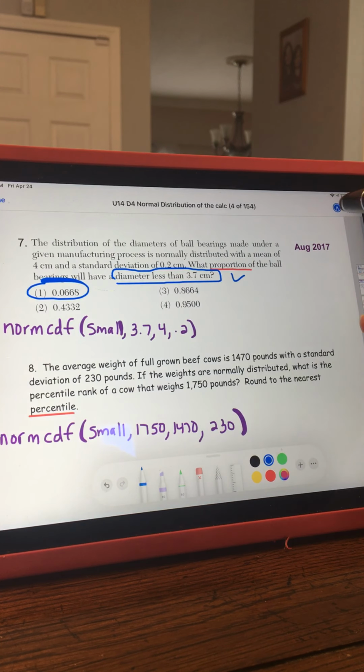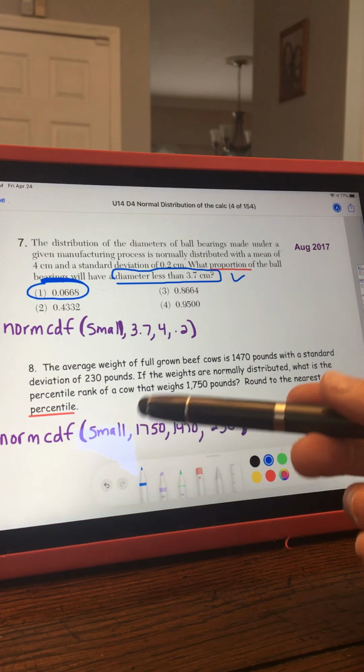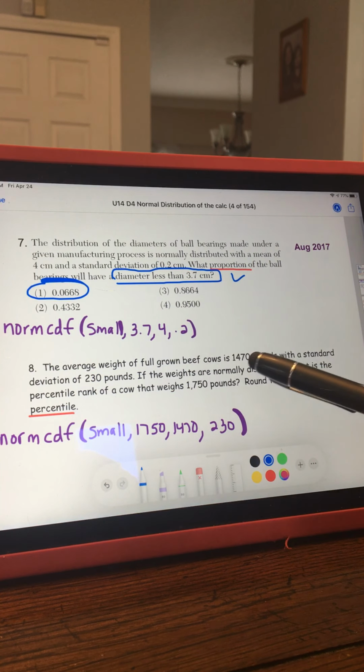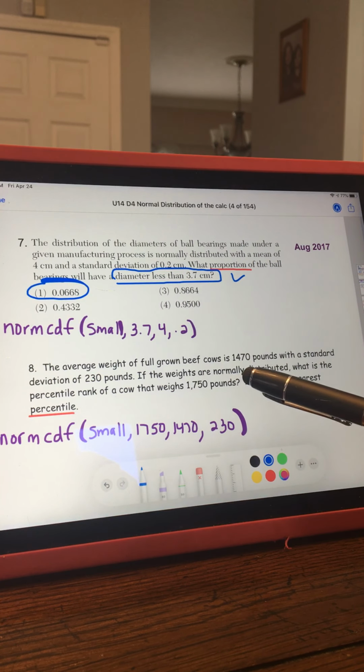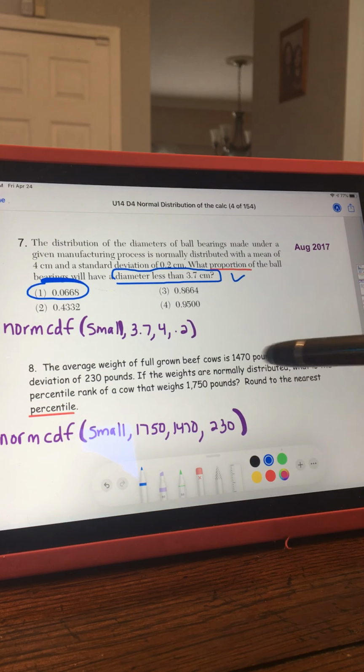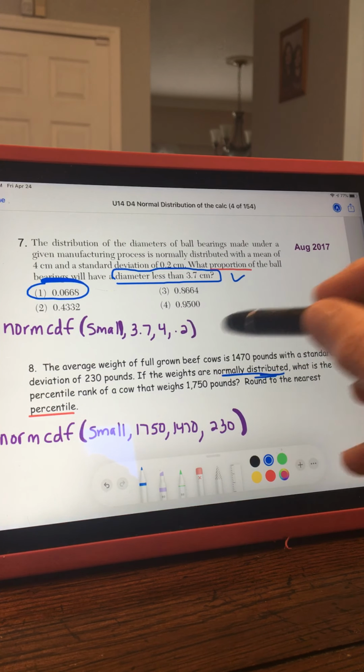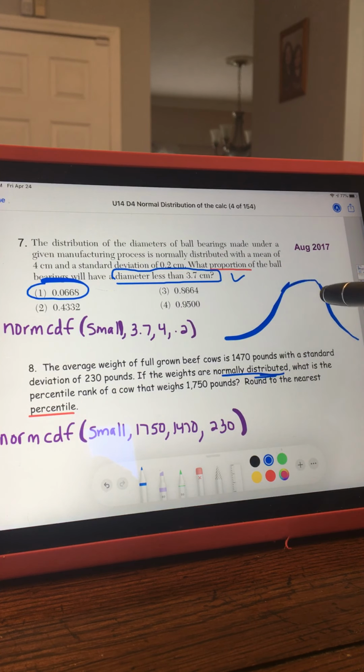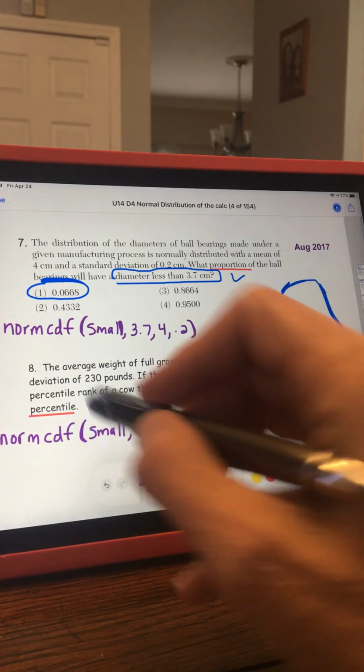And now last one is number 8. Number 8 says the average weight of a full-grown beef cow is 1,470 pounds with a standard deviation of 230. If the weights are normally distributed, what is that again? Bell curve. What is the percentile ranking?